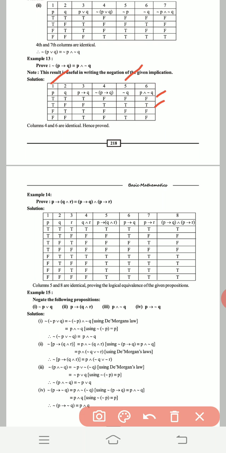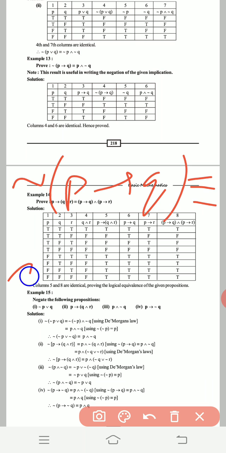Now observe the fourth column and sixth column. Both are identical. Therefore, negation of (P implies Q) is logically equivalent to P and negation Q.